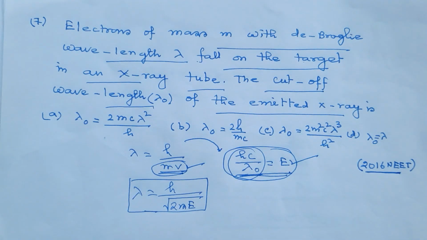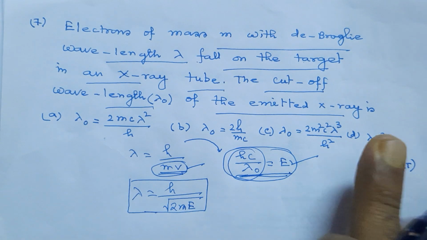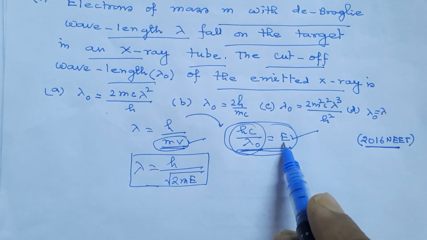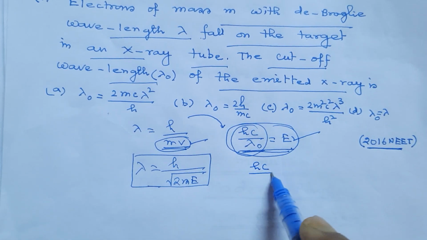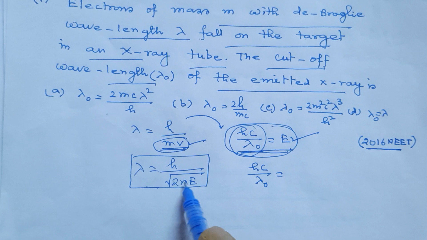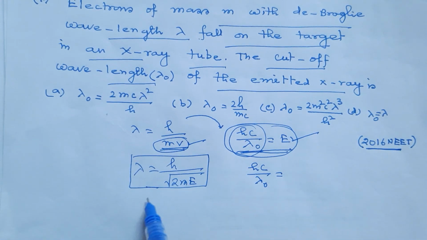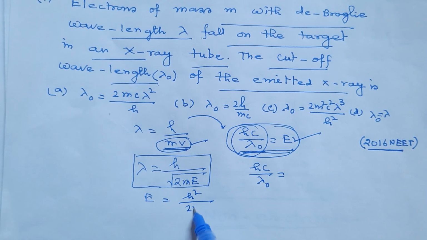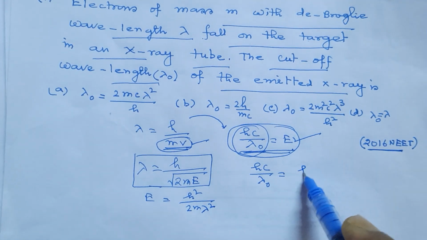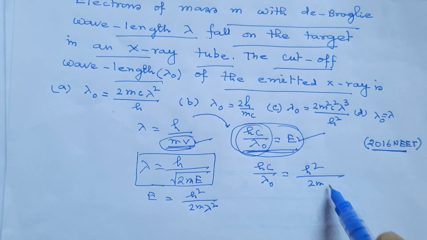Now, what to do? We have to equate the energy term. From the first equation, this is hc by lambda 0. From the second equation, E equals h squared by 2m lambda squared. Equate it.